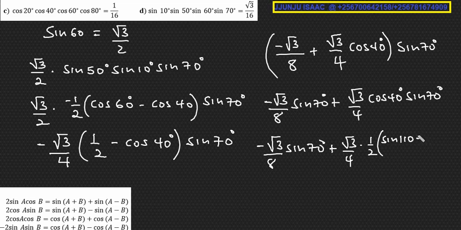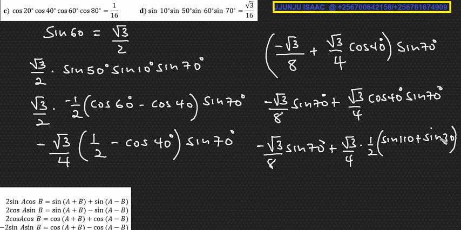So this is going to become a plus because this is negative 30 and the negative affects the sine of any angle. So this is going to be sine 30, but a plus.